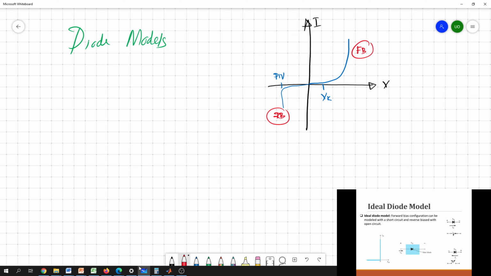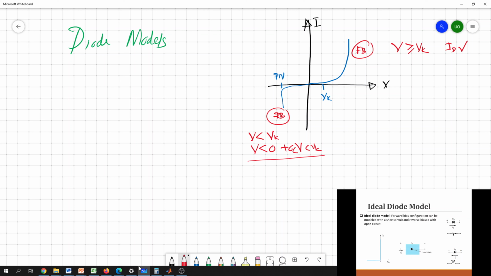In the forward bias region, we identify that the voltage drop across the diode should be greater than or equal to Vk. Then we can observe a diode current. Once it becomes the reverse bias region, the voltage is simply less than Vk, or else we can say less than 0 plus the voltage in between 0 and Vk.